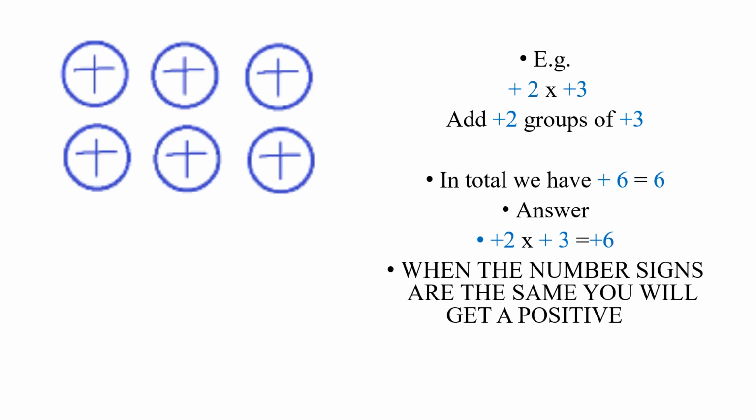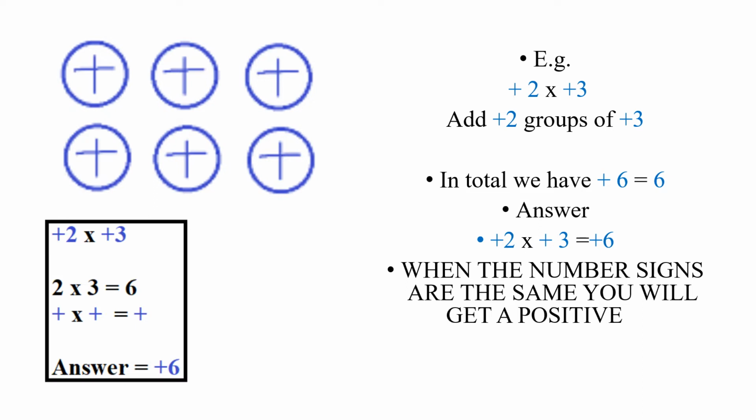And we'll explore that later on also, right? So generally, the normal working would look like this. 2 times 3, so you multiply your numbers first, you get 6. Positive times a positive, so you multiply your signs. And of course, the signs are the same, so we end up with a positive.